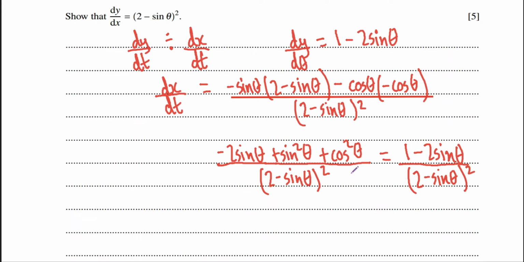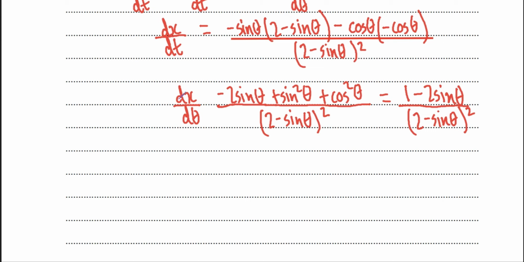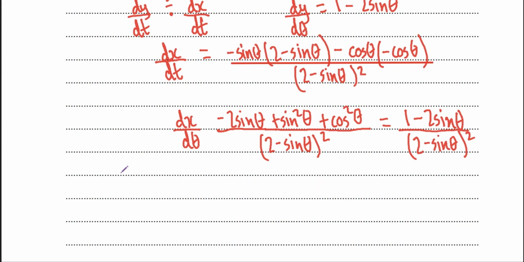So what can we do now? We do dy by d theta divided by dx by d theta. I wrote a t over here, but I meant theta. It's the exact same thing, just choosing what variable you want. There's no difference. So we have dy by d theta, which is 1 minus 2 sine theta, and you're dividing it by dx by d theta.